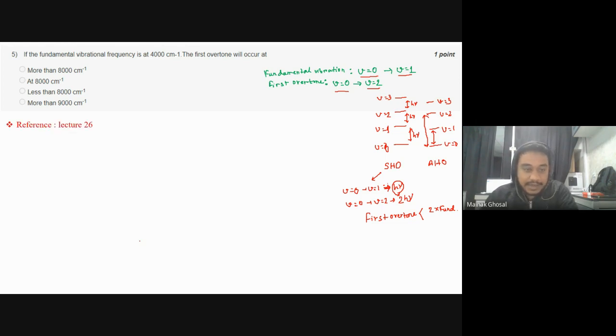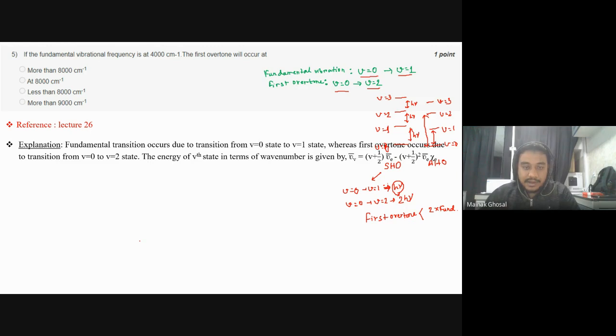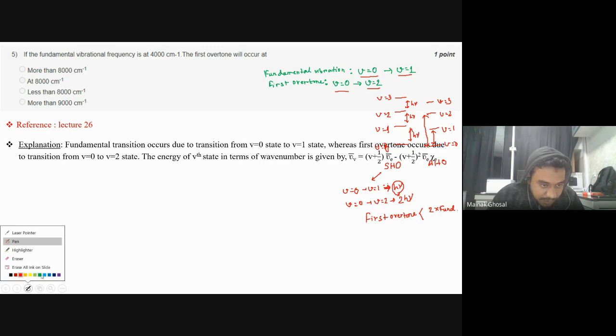You can also find this in lecture number 26, and I need to explain what the energy should be for an anharmonic oscillator.